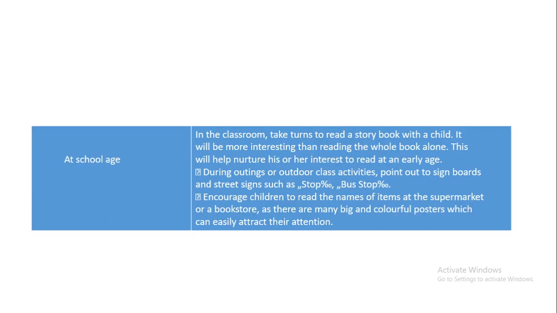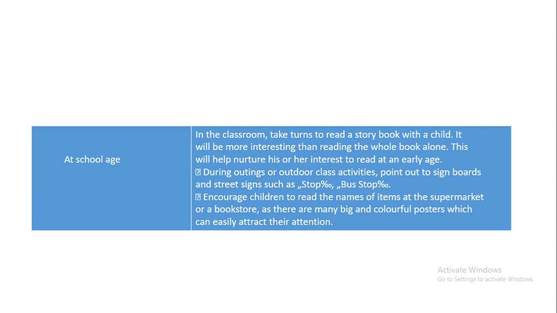At school age, in the classroom, you can take turns to read a storybook with a child. It is more interesting than reading the whole book alone, so this will help nurture his or her interest to read at an early age.